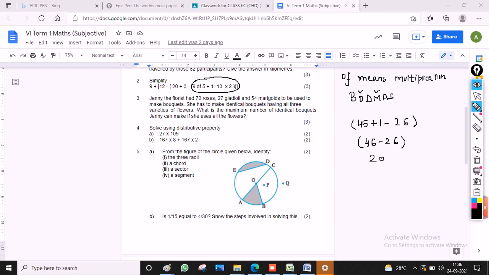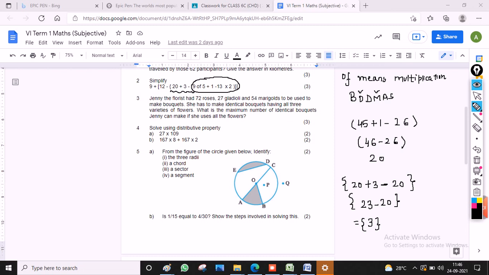Now we enter the curly bracket. Inside the curly bracket we have 20 plus 3 minus 20. So 20 plus 3 minus 20 gives you 23 minus 20, and inside the curly bracket we have 3. Now the curly bracket is reduced to 3.